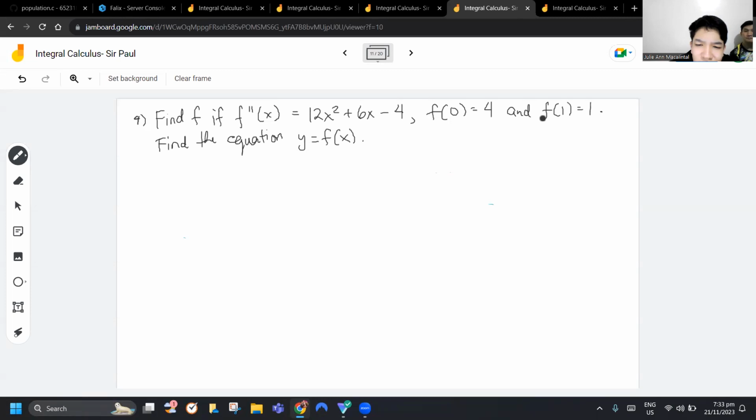For the final problem, number 4, we're going to do the same thing as number 3, except this time it's already a quadratic. So actually, it will still be the same. There's a double derivative here. So we can already list down what we know and get the first integral.